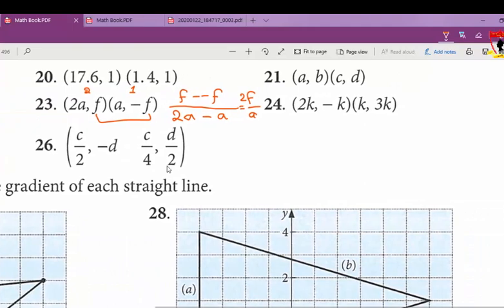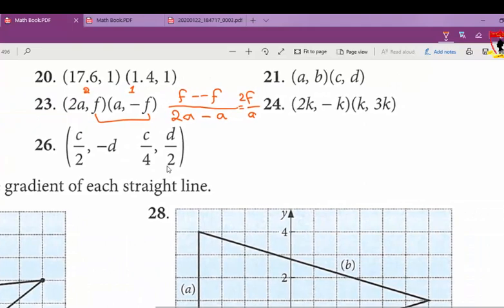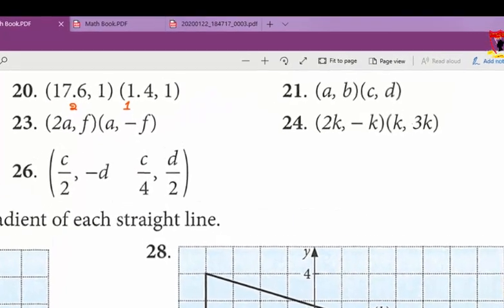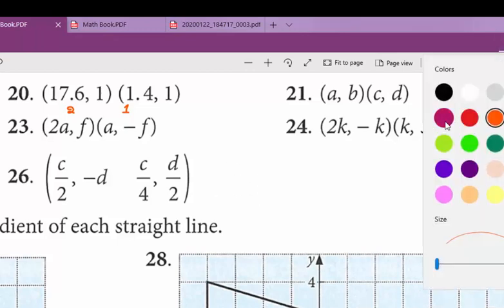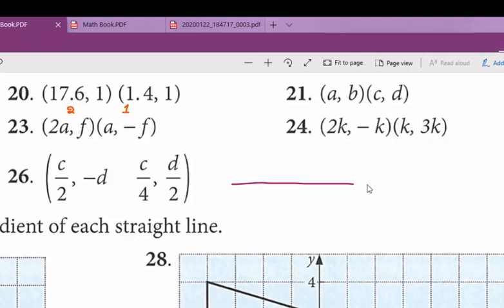Let's do 26 because it's like letters and fraction at the same time. Now let's see how we can deal with question 26, and it's the last question for this tutorial. The first thing is a fraction.